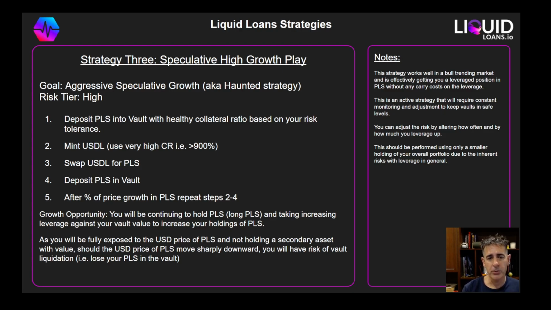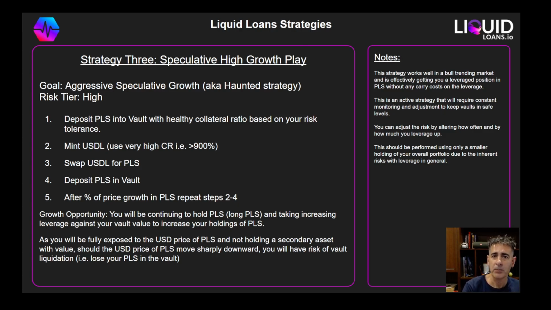So the growth opportunity here is we're going to be continuing to hold Pulse, but we're building in a bit of leverage because every time it goes up, we're extracting some value from it to build up our Pulse bag. Now, the exit strategy is you want to make sure that by the time it comes around to closing down the vault, you've built up enough economic energy in there so that the value of Pulse has gone up so much, and because you're holding multiples of it now because you've been acquiring more, the value's blown up.